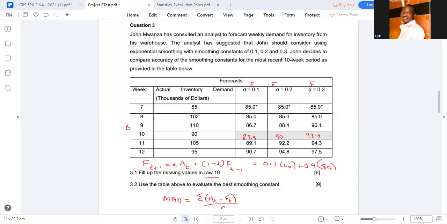You need to recalculate the table here to find the MAD: the actual forecast, the forecasted forecast, then you have A minus F, then you calculate the error. So the formula for the error is actual minus forecasted over N. We start from week 8, 9, 10, 11, 12. So let's calculate the MAD.